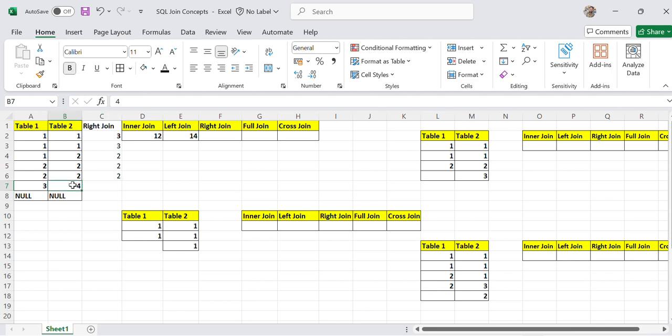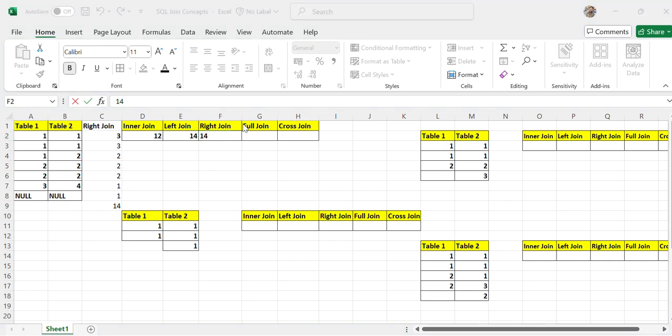This 4 is not matched with table 1, no matching, so that time we put 1, and null is not matched with the left table either, so also 1. So our count will be 3 plus 3 plus 2 plus 2 plus 2 plus 1 plus 1, which is 14. So the output of the right join will be 14.